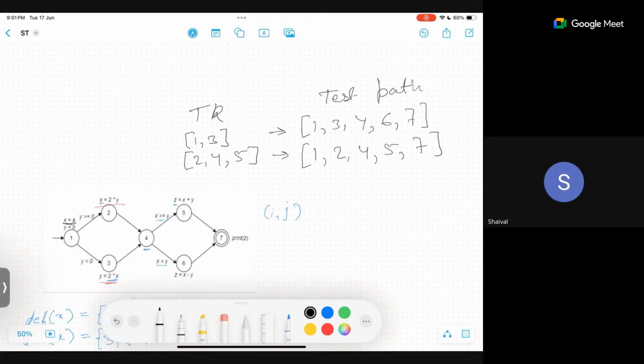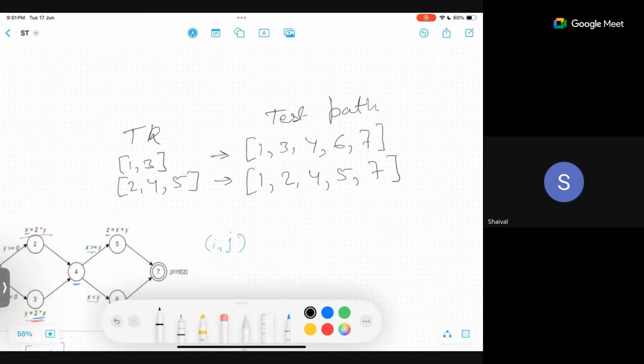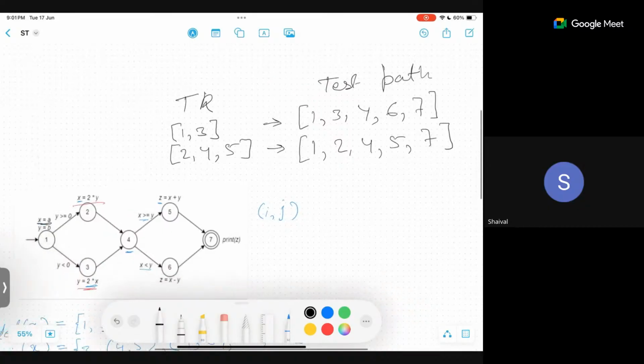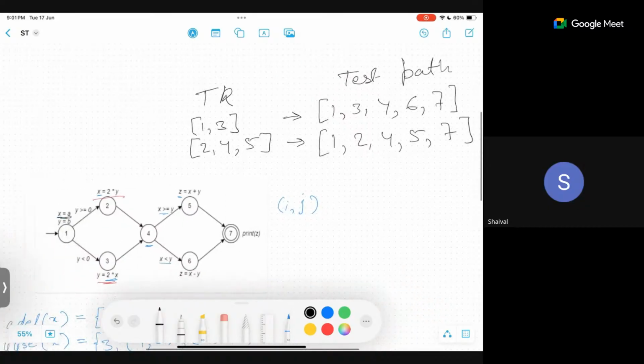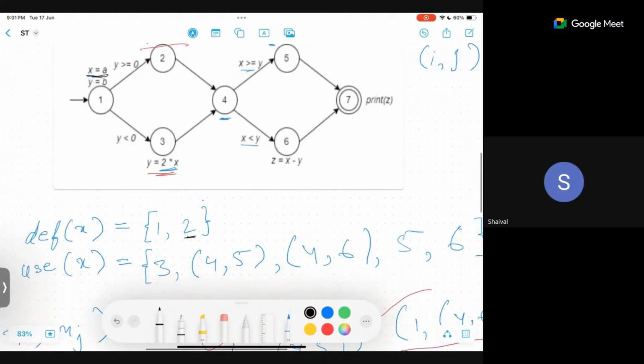One more question based on my previous question. You mentioned we can take any DU pairs, but here, for example, with 2, X is being redefined at 2. At the def we have two nodes, 1 and 2, def of X, and the use is 3.